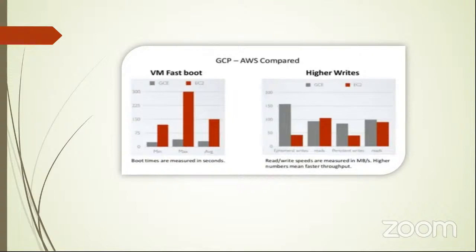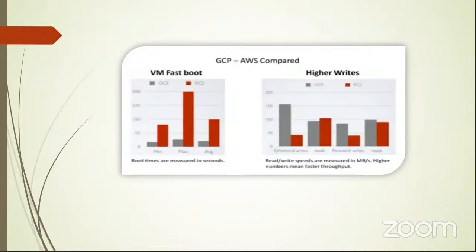If you do a reboot, or you have a maintenance reboot or shutdown, and you are restarting this service or application server, the speed of the reboot is faster. And if you are booting a new VM from scratch for any website or application, it's very fast compared to AWS or Azure.